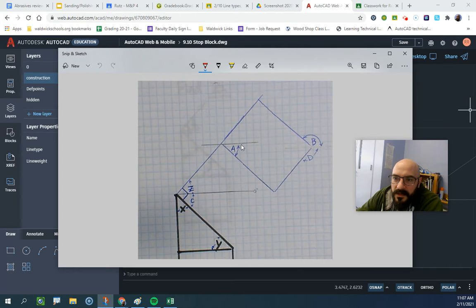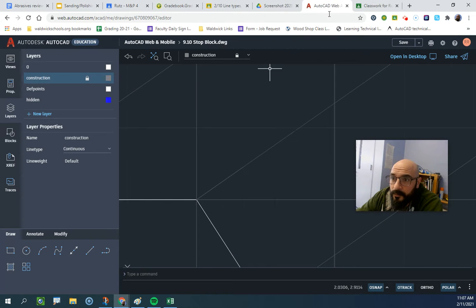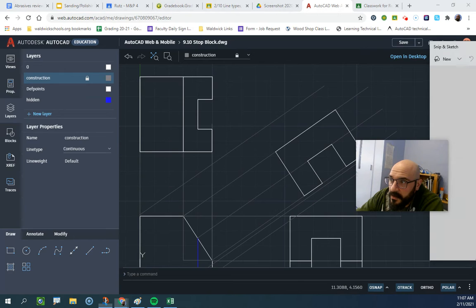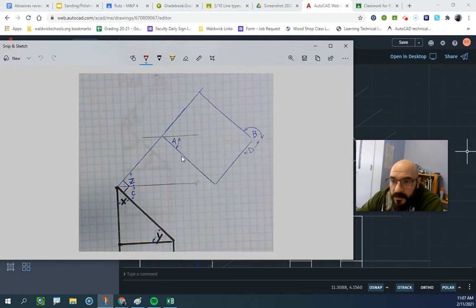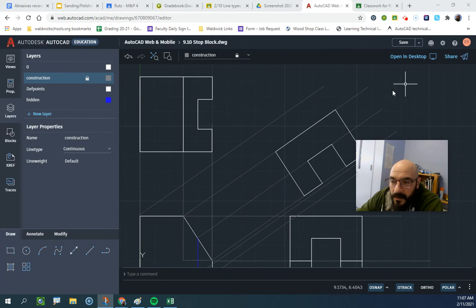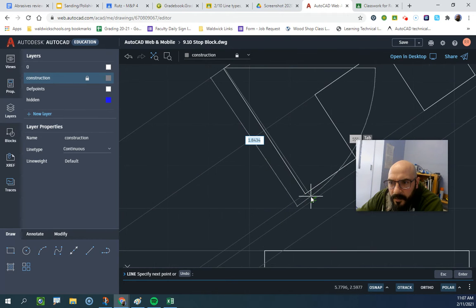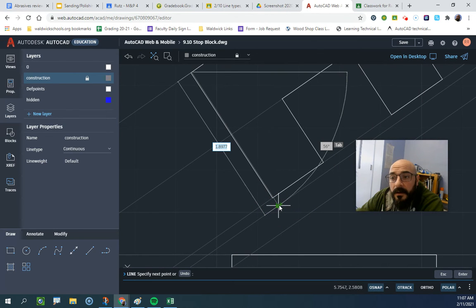Now, let's look at A. We need to figure out this angle. That angle is going to be the line drawn in order to get this parallel surface to this. So here, if I get my line tool, I can just show you. I set that up so it's perpendicular. And I guess I didn't quite hit it. Look at that, 56 degrees.